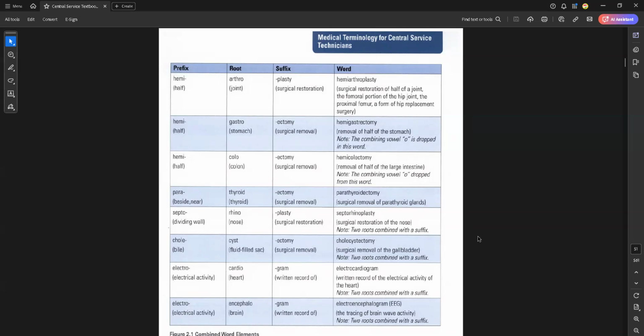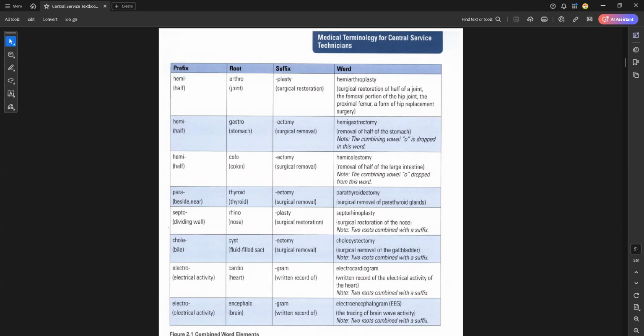Sometimes they try to remove part of their stomach, so that if you can eat two balls of kenkey to be full, now you can only eat one ball of kenkey to be full. In doing that, they remove half of the stomach. So you say hemi, half. Gastro is stomach. Ectomy, which is a suffix, means surgical removal.